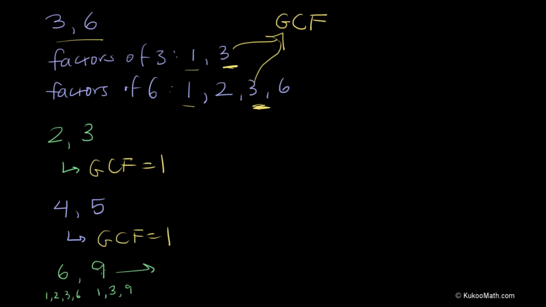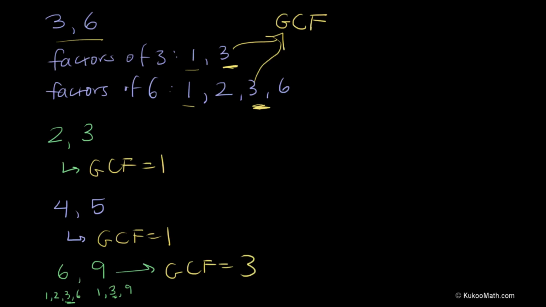If you have a number like 9, where you can do 3 times 3 is equal to 9, you only count 3 once. It doesn't make a difference, but just so you know, you only write 3 once. And now you see what they have in common. It looks like they have 1 in common, and they have 3 in common. So, since 3 is bigger than 1, 3 is our greatest common factor.